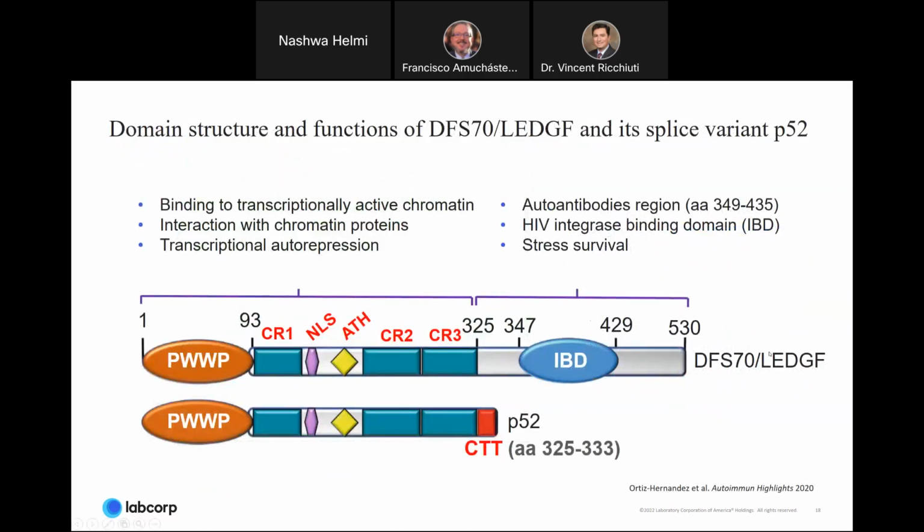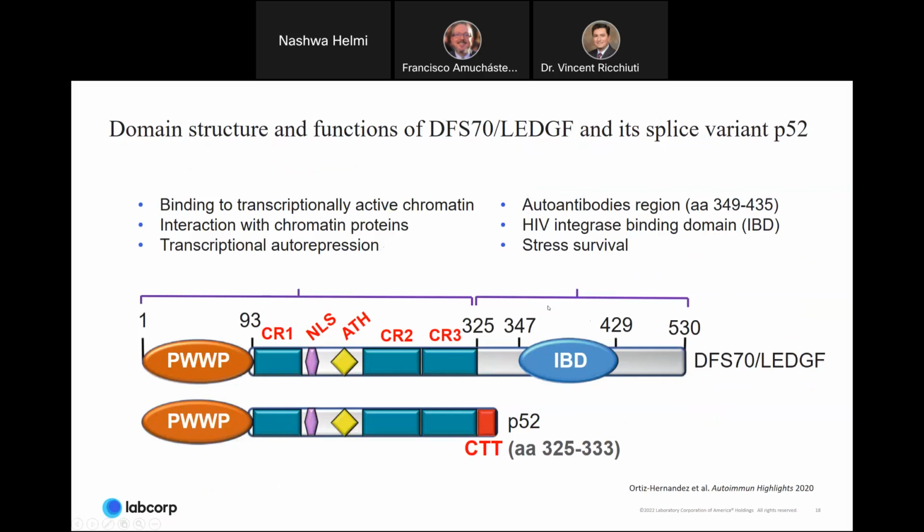And I just wanted to show you the protein sequence quickly. As you can see, the sequence is now known, and it's 530 amino acids. There is an N-terminal binding sequence called PWWP, which binds to the chromatin of the cells and interacts with chromatin proteins, and is most likely involved in transcriptional regulation and cancer.